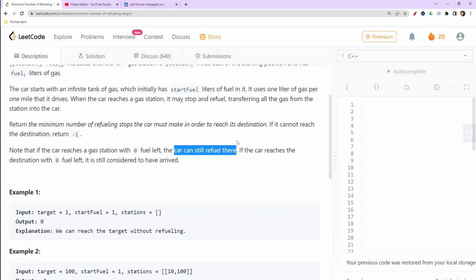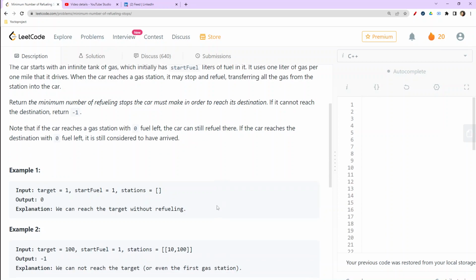And the next line mentions that if the car reaches the destination with 0 fuel left, it is still considered to have arrived, because it has reached the destination even if it doesn't have fuel in it.